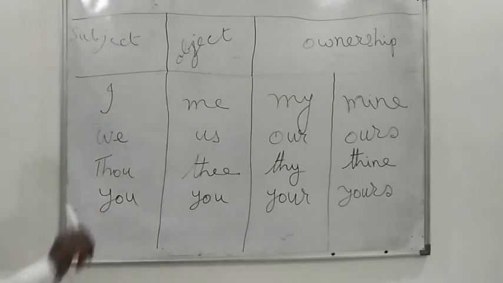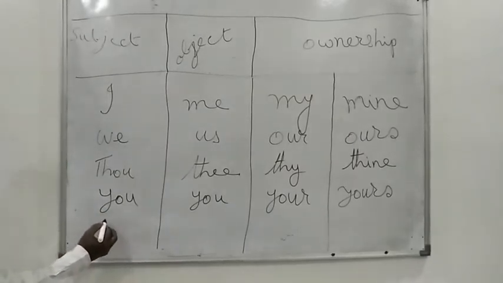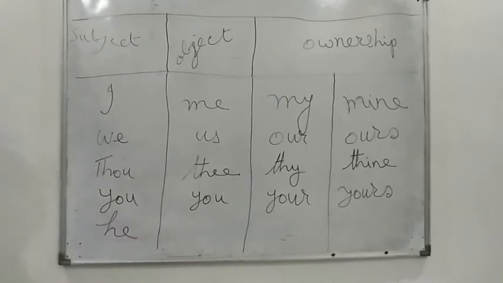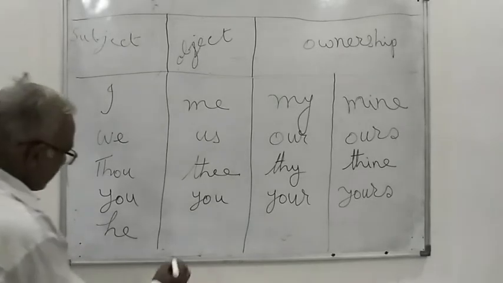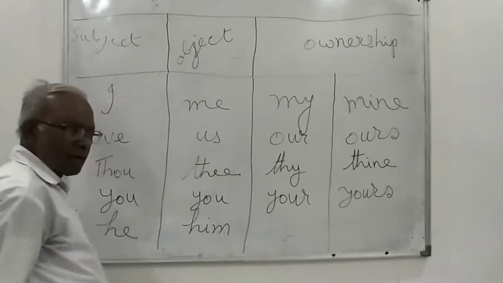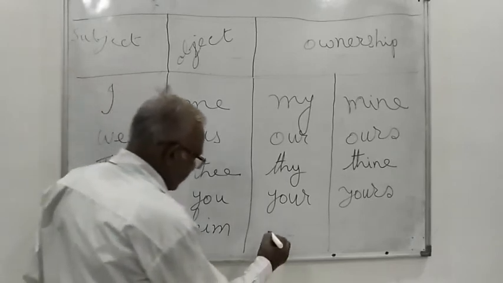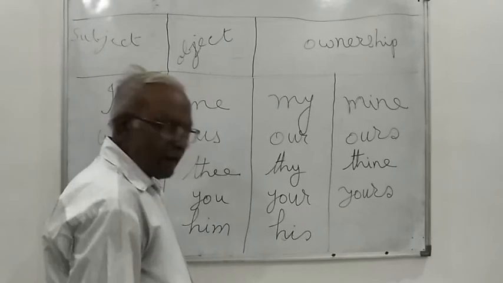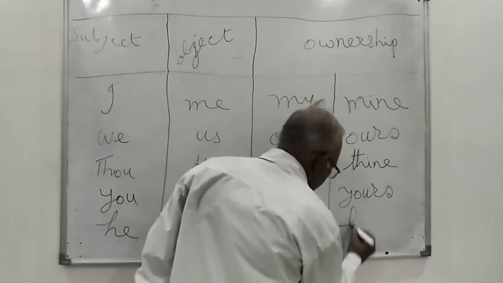No apostrophe. And then you can have he. Its object will be him. Its ownership, you will say his. And sentence ending will also be his.